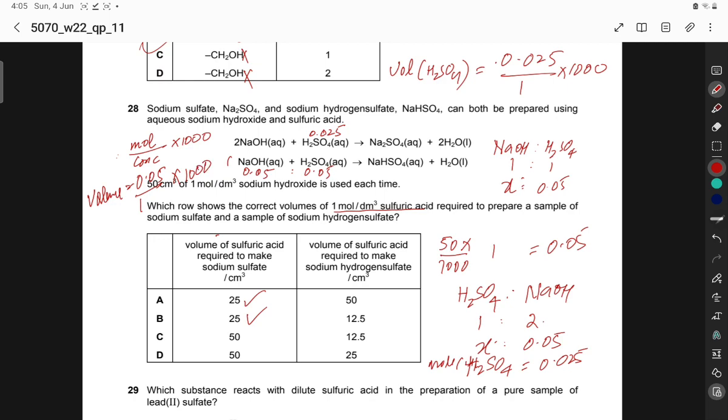So this is equal to 50 centimeter cube. So option A is correct.